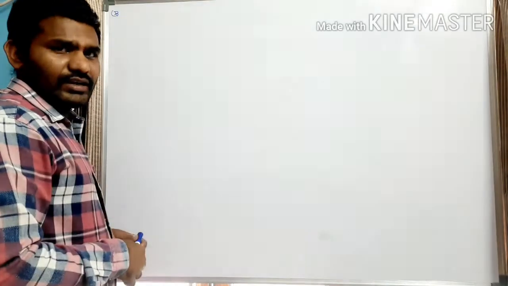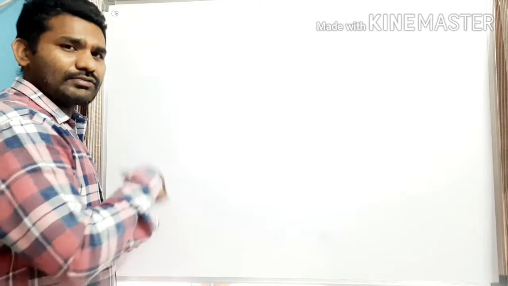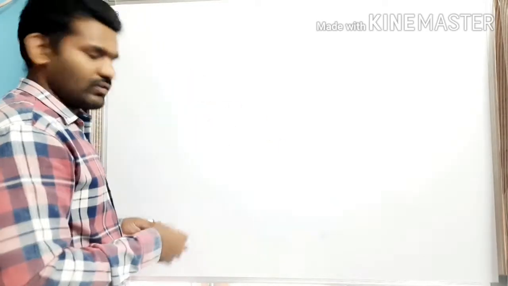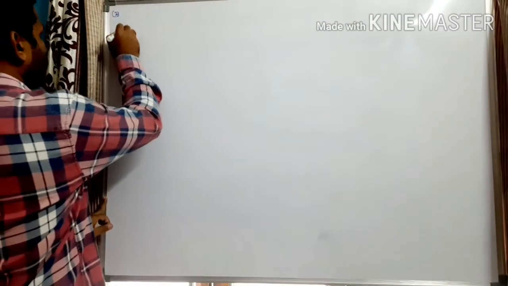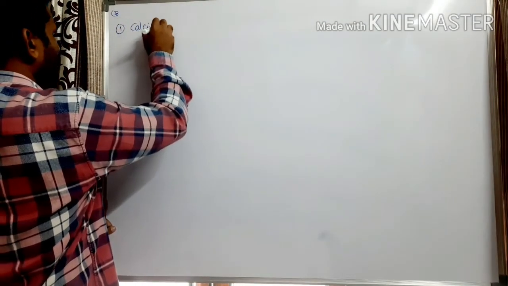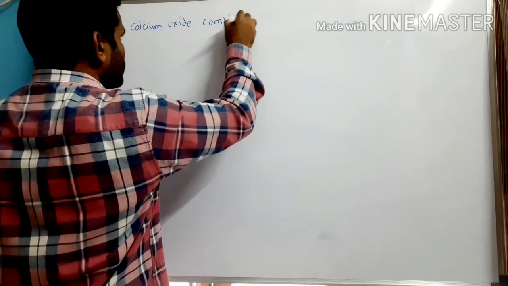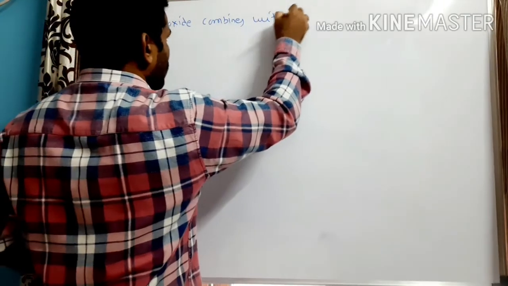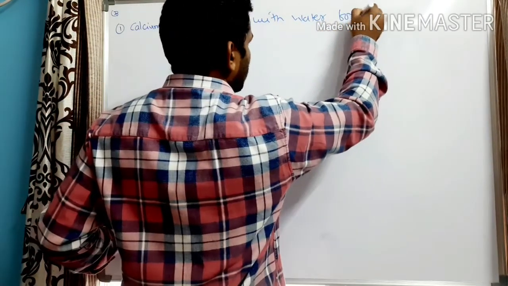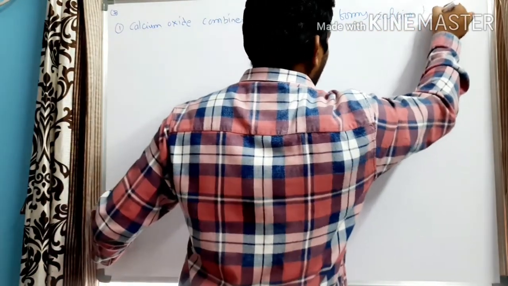We have already seen three different examples of chemical change. Let us try to write the chemical equations for them. What is the first one? The first one is calcium oxide combines with water, forms calcium hydroxide.